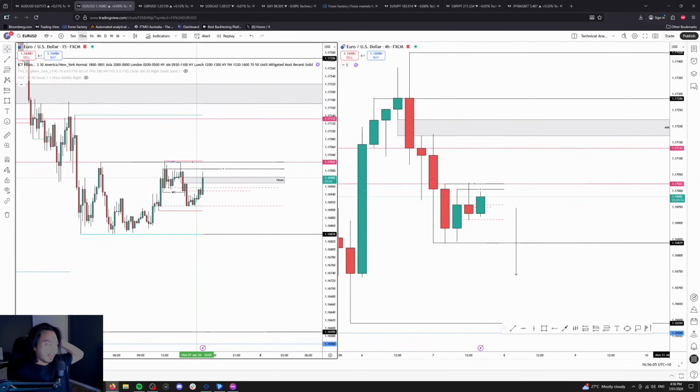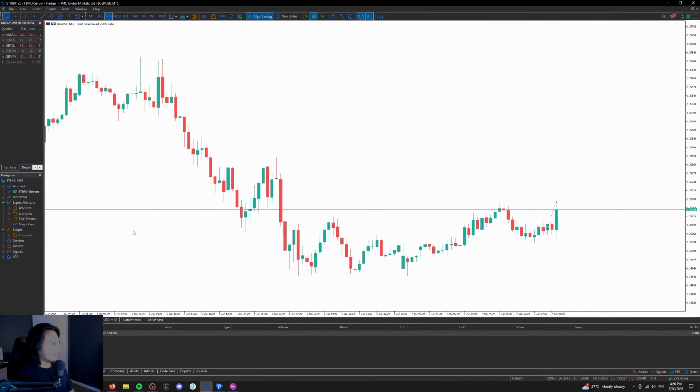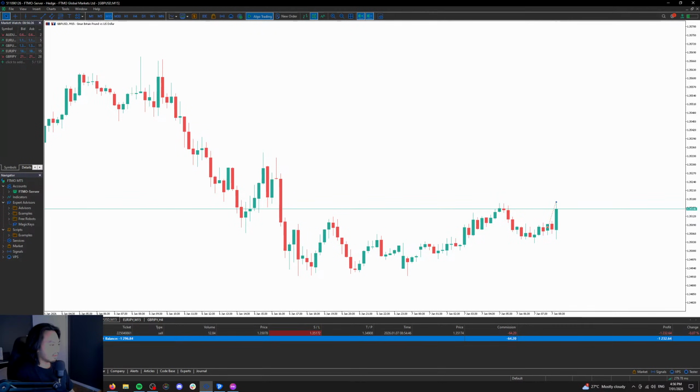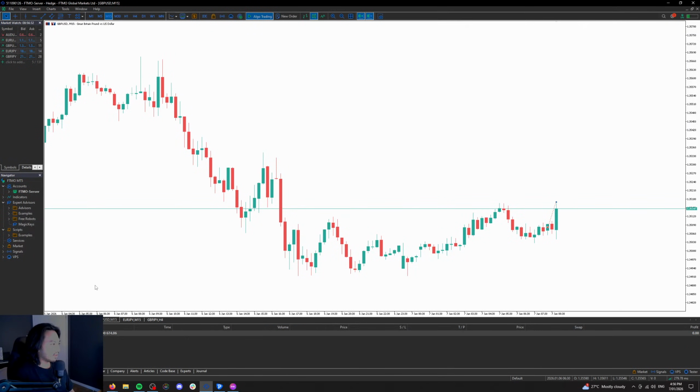Alright, let's see what happens in the next 4 minutes on Euro USD. How much did I lose on that? 1.3k. Ugh. It's just a bit over 1% there, but it is what it is.